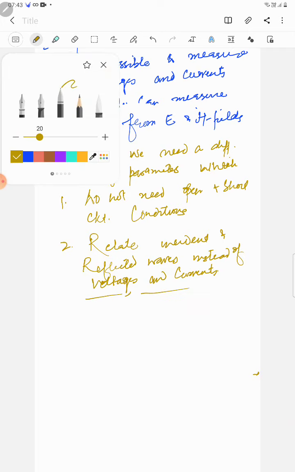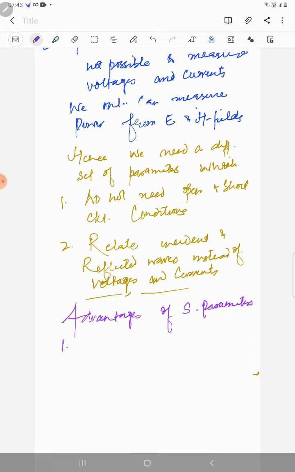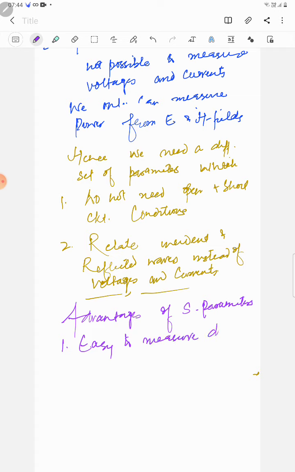Now let us see what are the advantages of using S parameters. First thing is, they are easy to measure directly. For example, we can use a vector network analyzer for measuring S parameters.